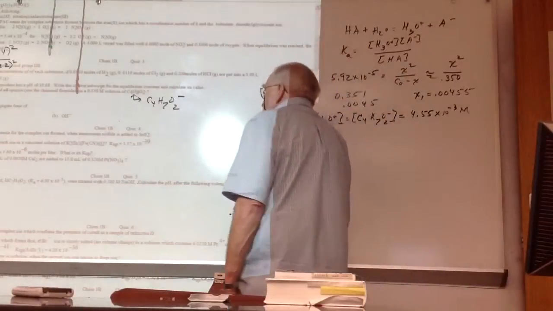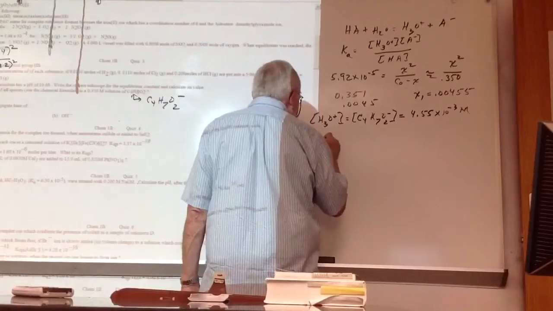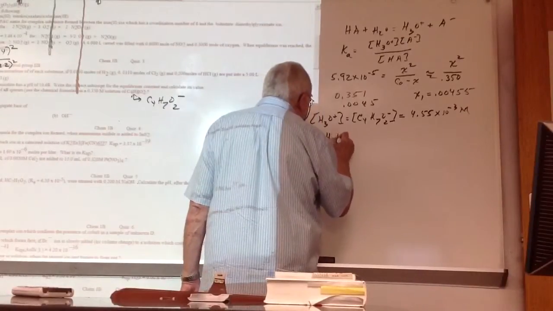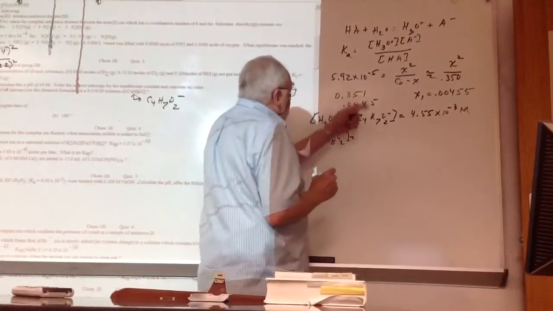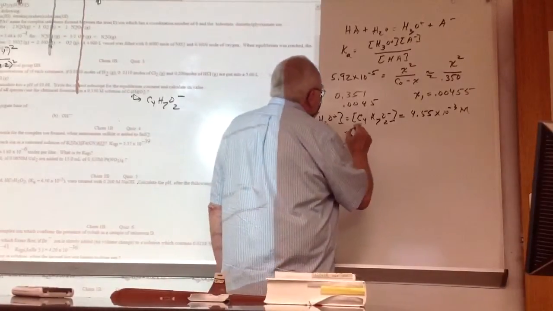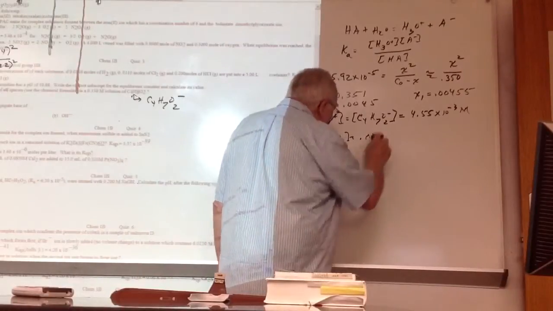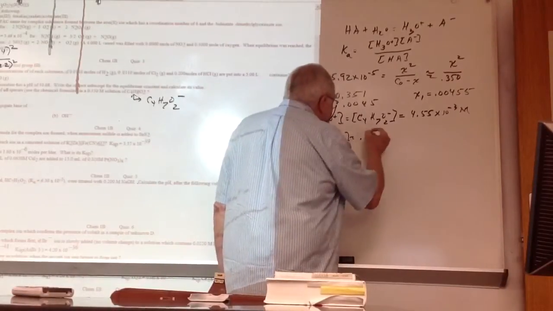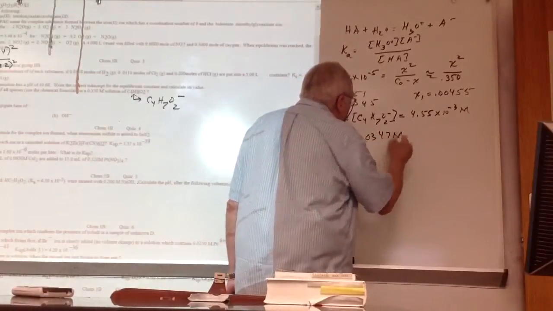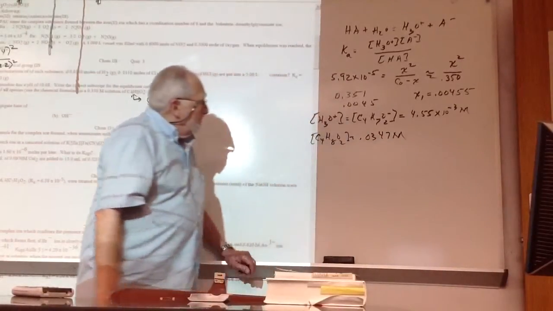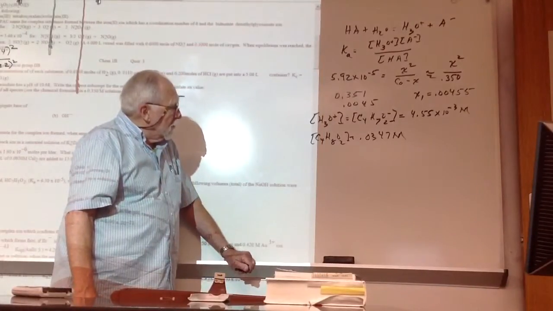Concentration of the acid itself. And now we just do that subtraction there, and it's going to be about 0.0347. In other words, I just took C0 minus X1, close enough.